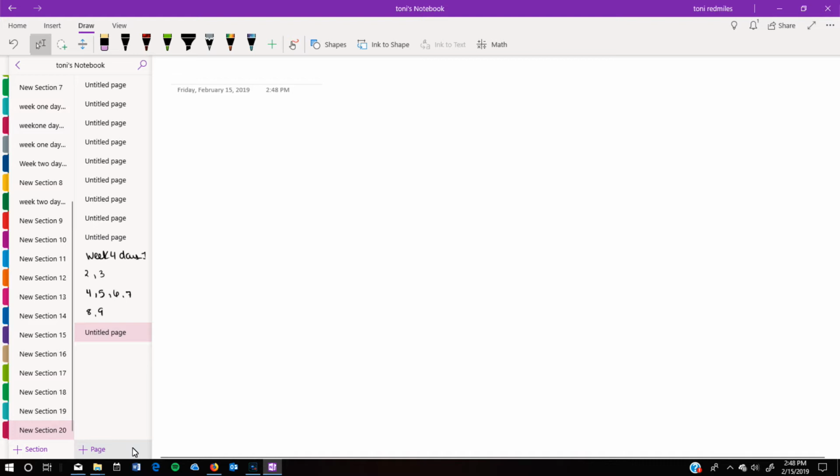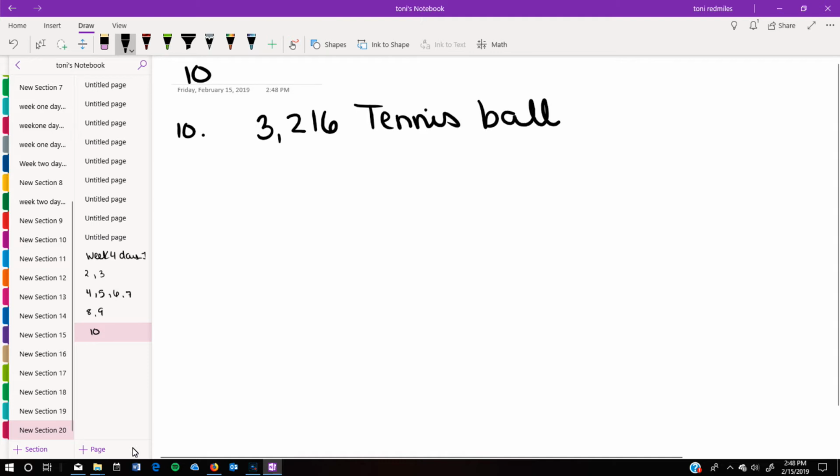All right, now we're on to number 10 and the last one of this week. In number 10, the word problem, Acme Sports produces and manufactures 3,216 tennis balls each day. One container holds 3 tennis balls.